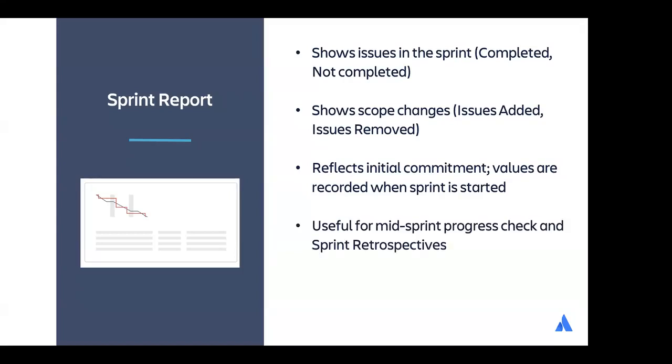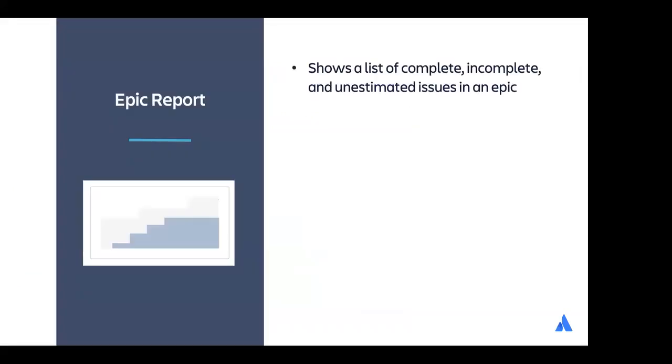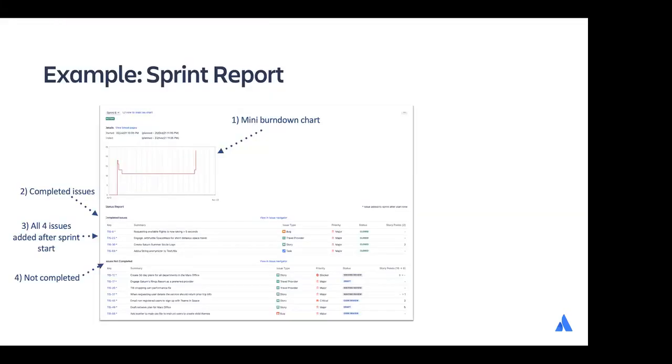But it's very helpful for a mid-sprint progress check and sprint retrospectives, because it highlights the team's possible overcommitment or excessive scope creep. All right, the top of the sprint report is the mini burndown chart. Then it shows you completed issues, including those that have been added, and issues not completed, and that's that.